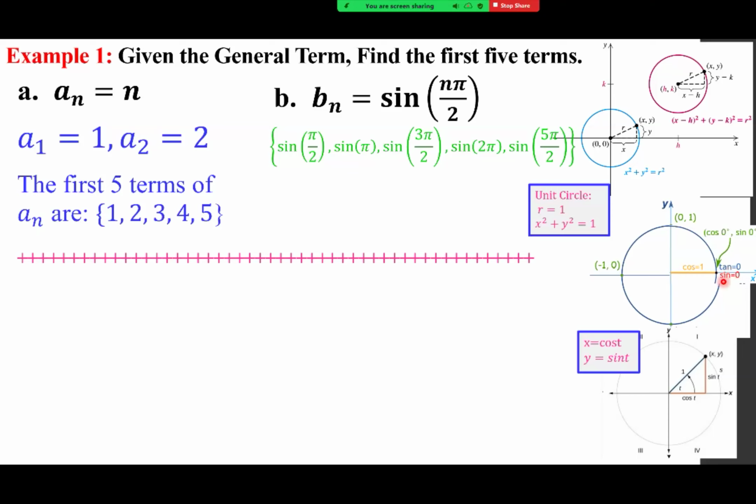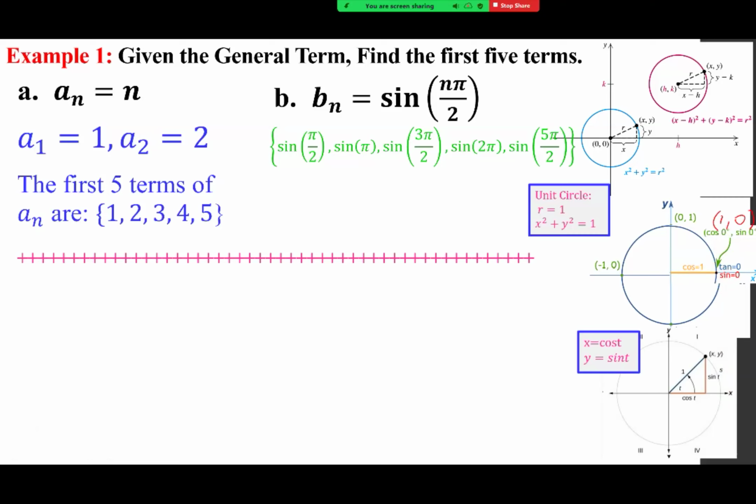So look at this pair. Remember that this pair was located at 1, 0. So this represents cosine 0 and then sine 0. Again, let me just write this. This was 1. This was 0. Which means cosine of 0 is 1. Sine of 0 is 0.